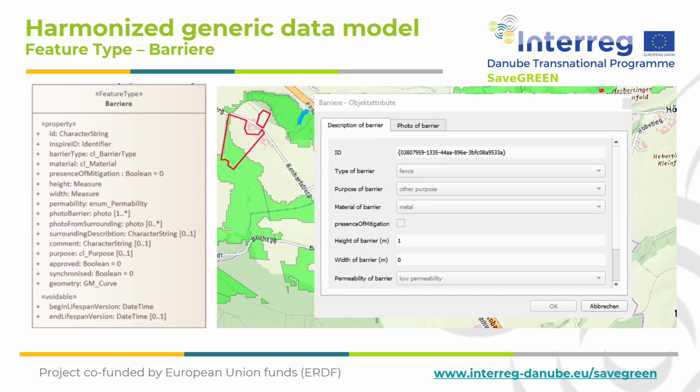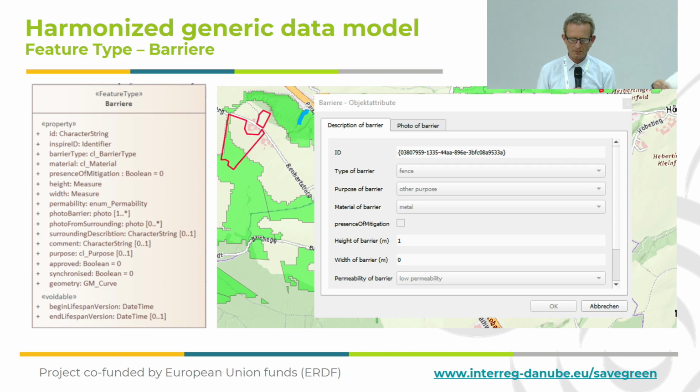These code lists are not closed, they are open. Normally, you should handle these code lists in a so-called code list registry. It's available on the web, and if you need additional types, you can register them in the registry.